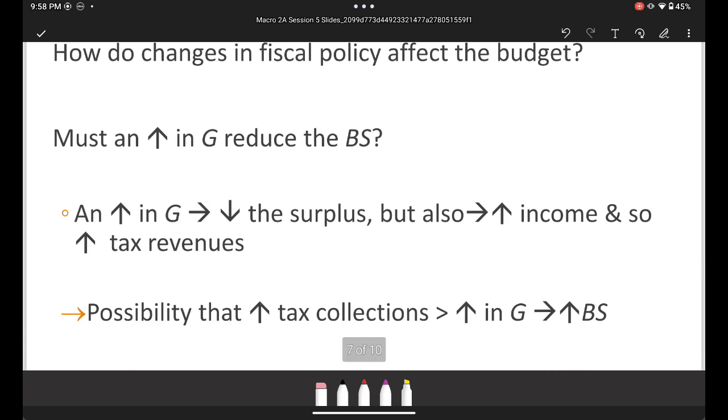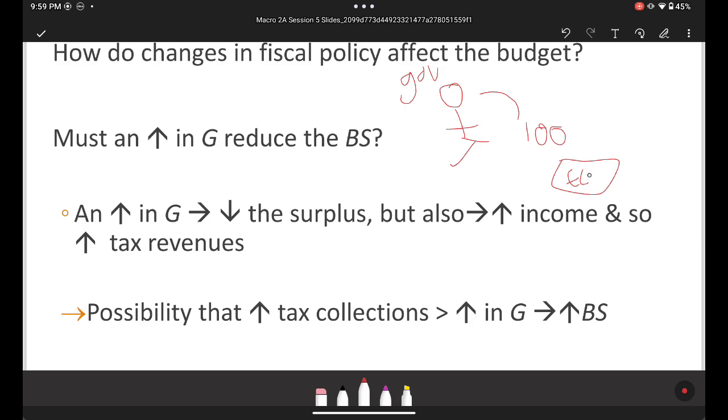Okay, so now we come to a problem over here, right? Let's say the government, which is this man over here, puts in, just for simplicity's sake, 100 rand in the economy, right? So this is the economy. You all need to argue whether he will get 100 rand back in taxes.